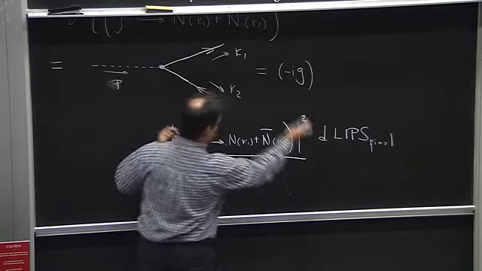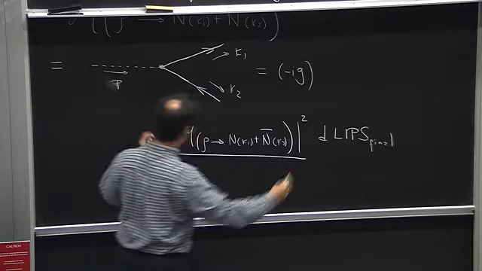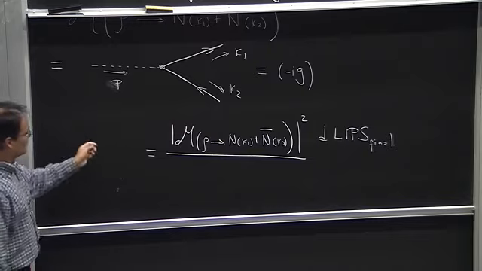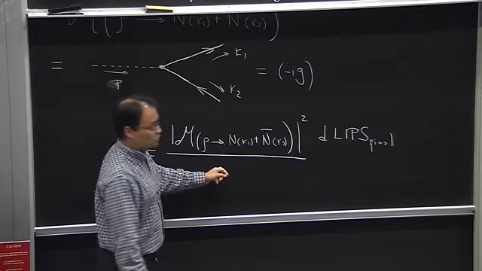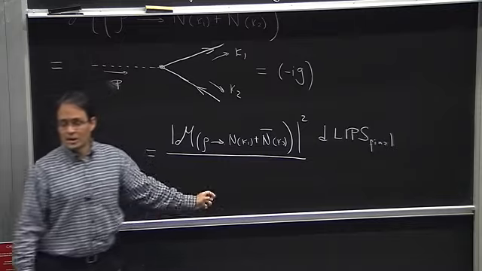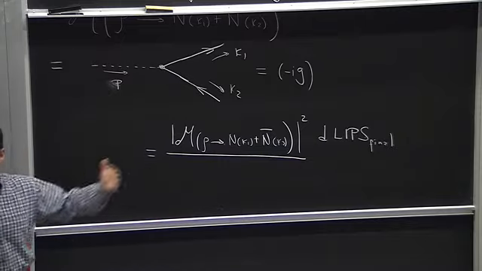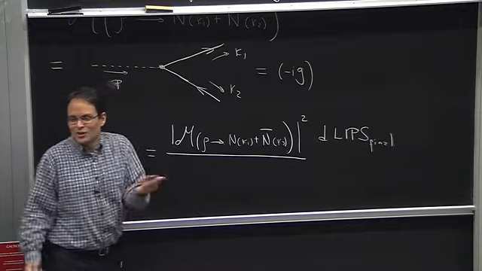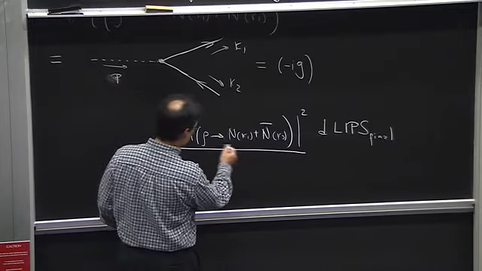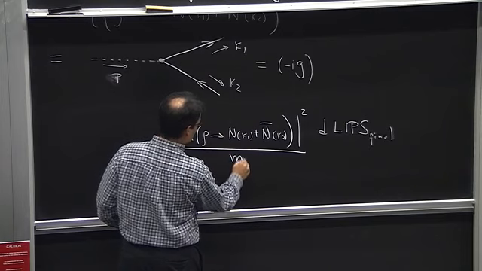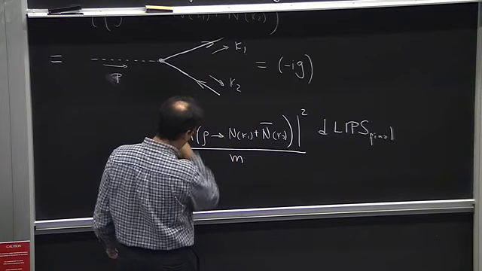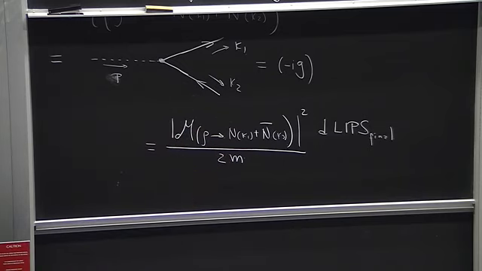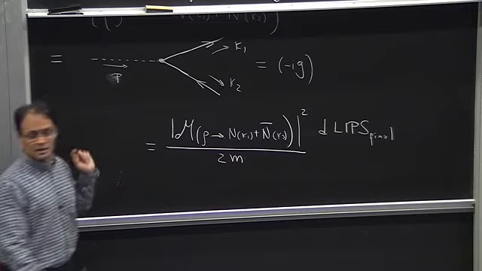Before, we made this something that had nice Lorentz transformations, or at least the correct Lorentz transformations for an area, by putting 2 powers of the energy times the relative velocity of the 2 beams that were coming. Now we don't have 2 beams, we only have this guy. So the only invariant thing that we get to put in here is actually the mass of this guy. Why do we put it in? Well, because I want to get something that has inverse units of time.